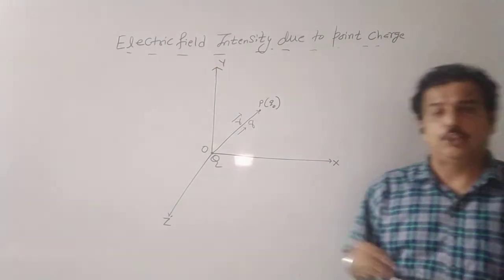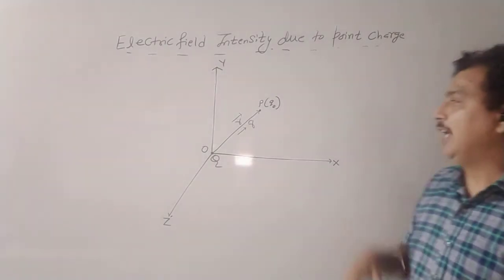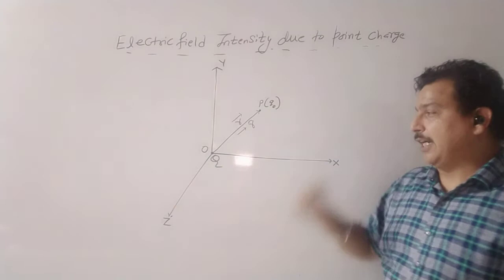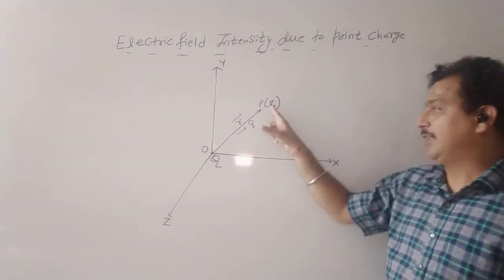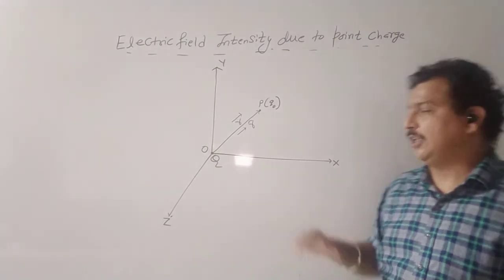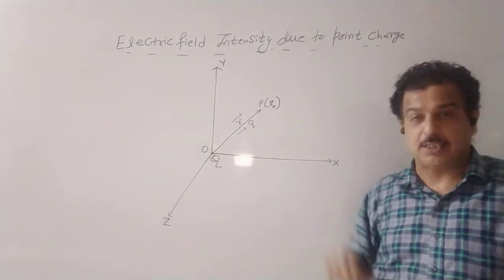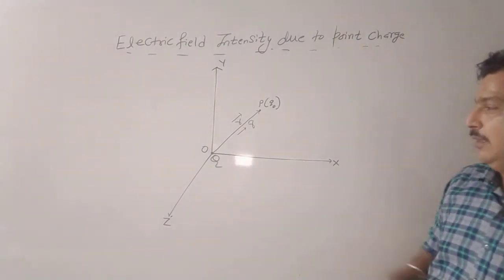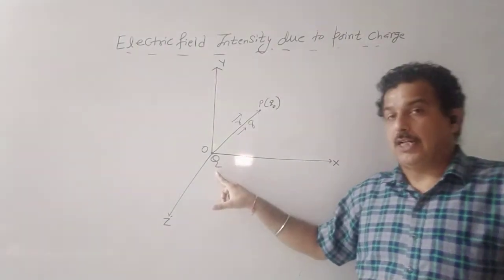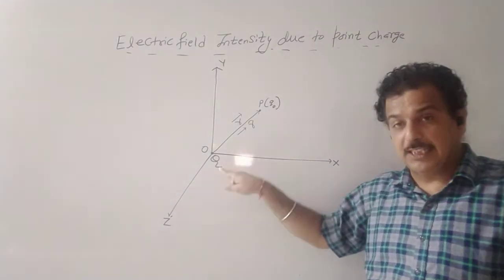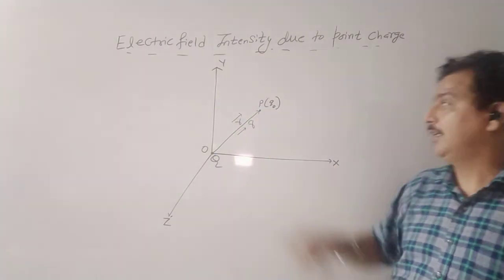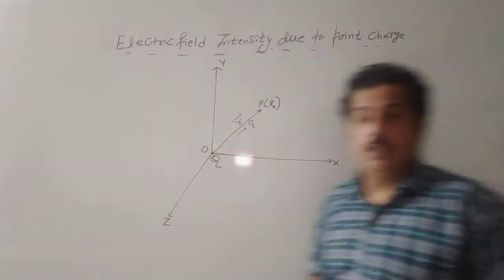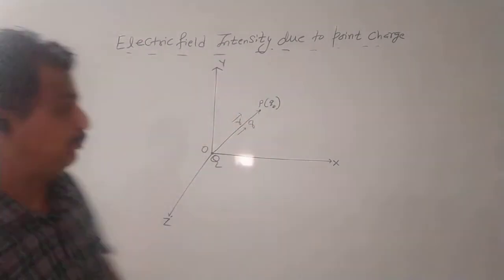So what does that unit positive charge mean, and why your test charge should be as small as possible. We will study that the test charge should be as small as possible, or it should be much smaller than the source charge. For the time being, capital Q is a source charge. We want to find out its intensity at a point P whose position vector is r vector, and we have placed a test charge Q naught at point P.